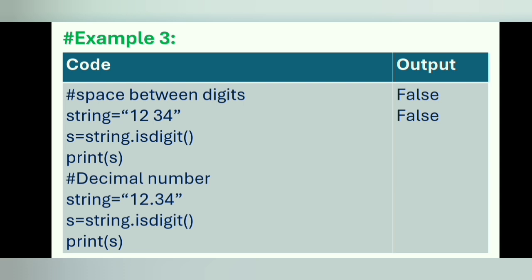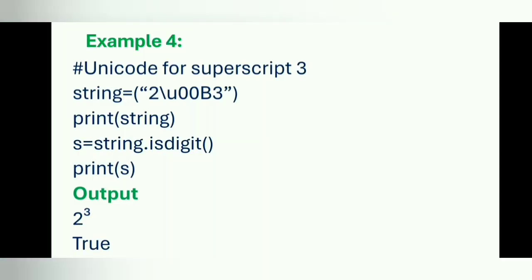This string is also containing a decimal point, so decimal numbers are not digits. The string isdigit method returns true if all the characters in the string are digits and is not blank, otherwise it returns false.